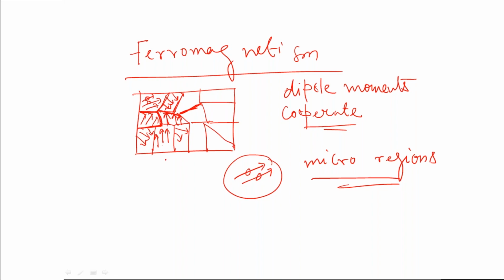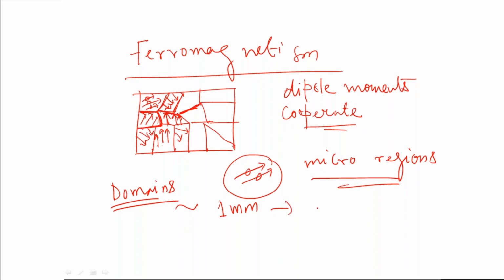It is separated from the other domains. Suppose here the magnetic dipole moments are upwards. So in a ferromagnetic material you have domains where the atomic dipole moments cooperate with each other and try to orient in the same direction.